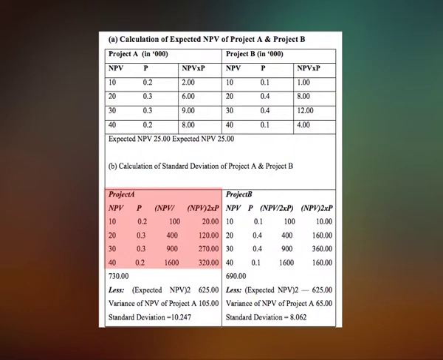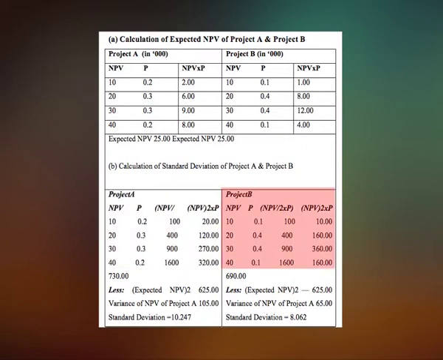NPV squared is 100, 400, 900, 1600. Thus, NPV squared multiplied by P is 20, 120, 270, 320.